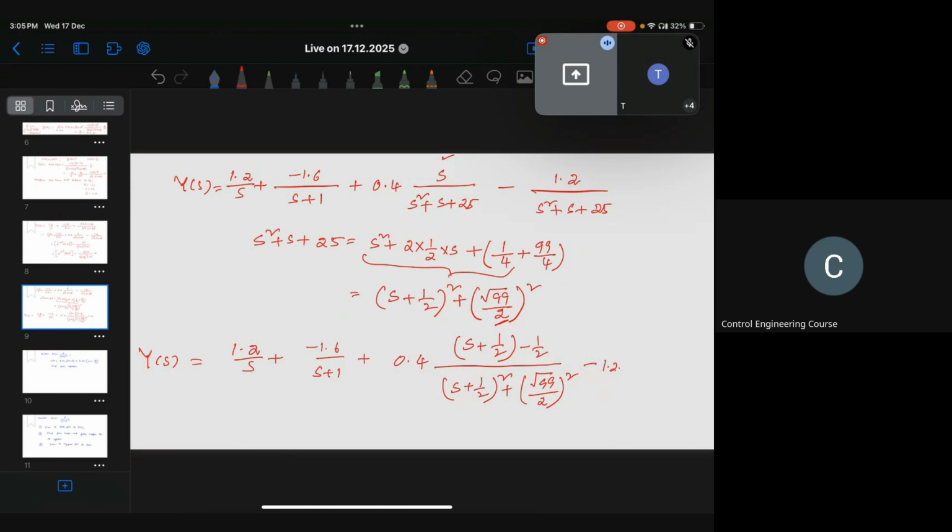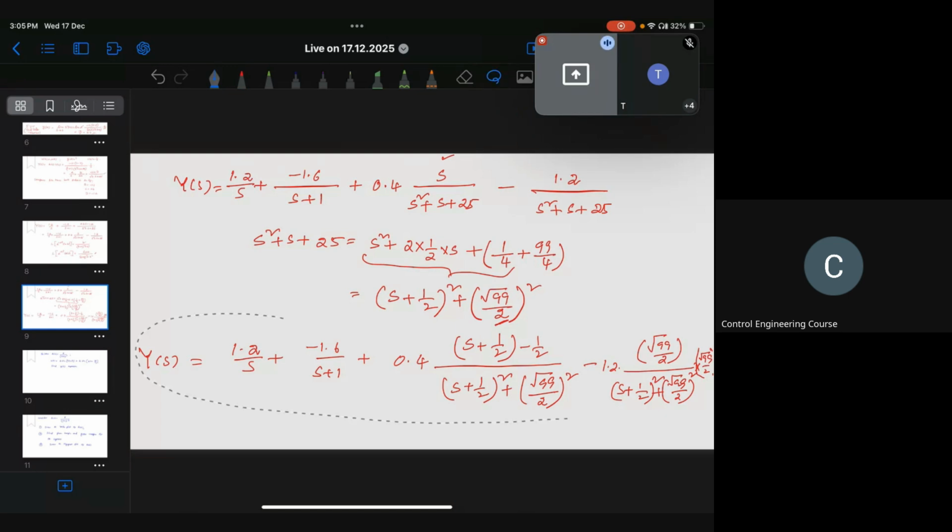So we can write b as 99 by 2 divided by s plus 1 by 2 whole square plus root 99 by 2 whole square, and again multiply with root 99 by 2. Hope this is clear. Any doubt here? Any doubt? Let me copy this one again.